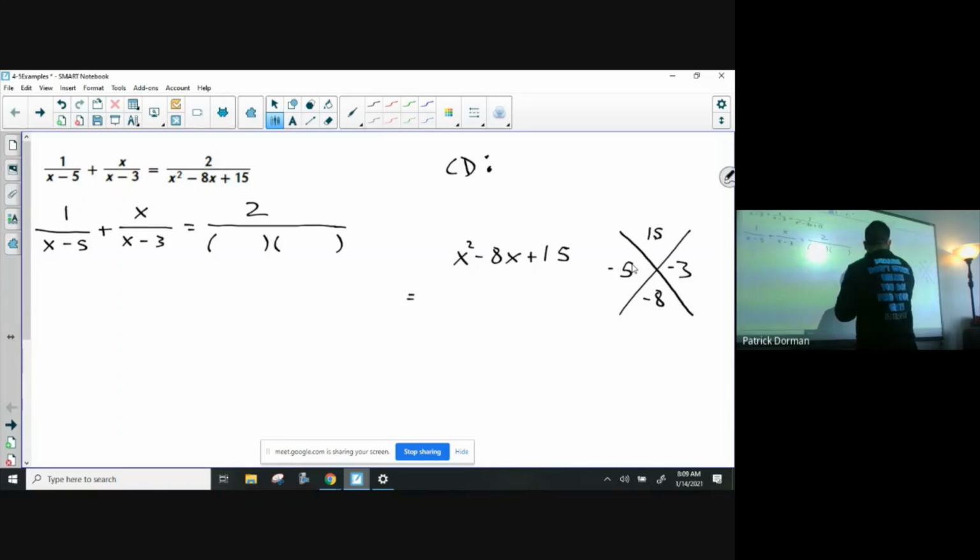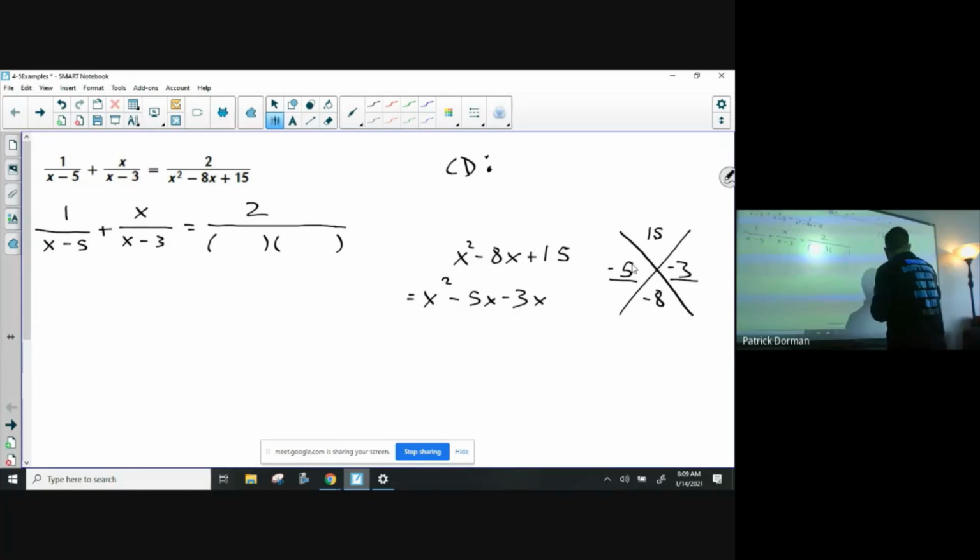So when we factor this thing, then we rewrite it as x squared minus 5x, right? That's the minus 5 there. Minus 3x using this negative 3. Right, and we haven't changed it, right? Because negative 5x minus 3x is negative 8x, right? If we're going back up that way. Okay.